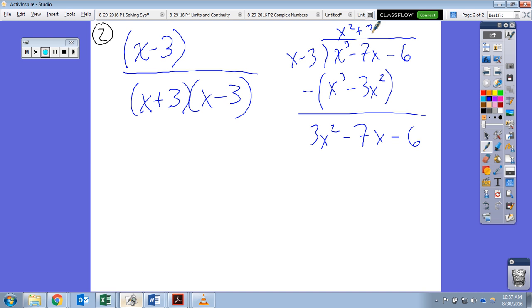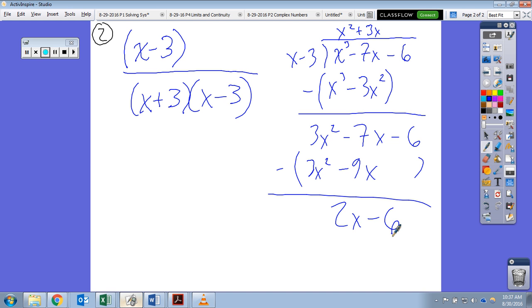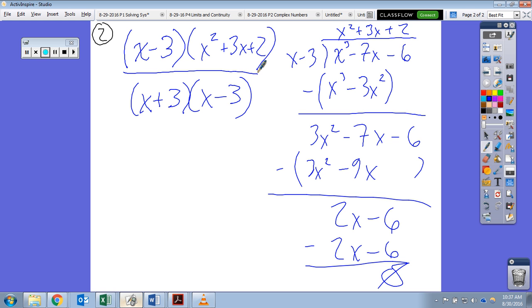Plus 3x, you get 3x squared minus 9x, and subtract this here, and you would get 2x minus 6, and then plus 2, and 2x minus 6, so there is no remainder. So the other factor would be x squared plus 3x plus 2.